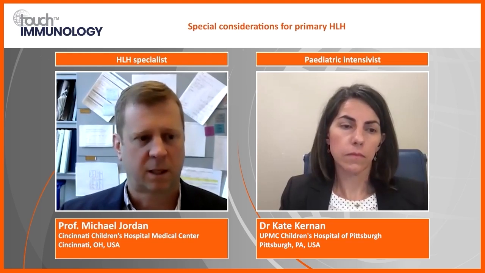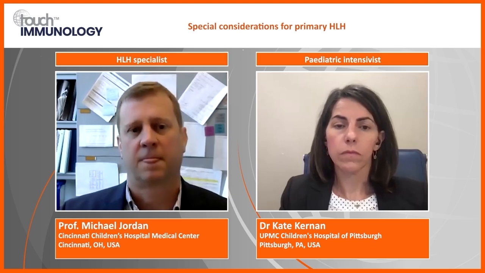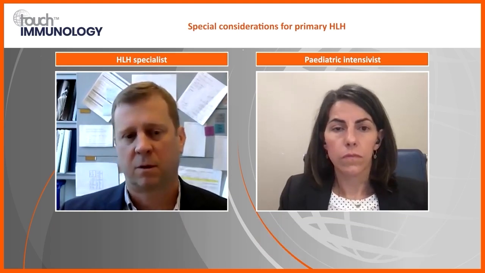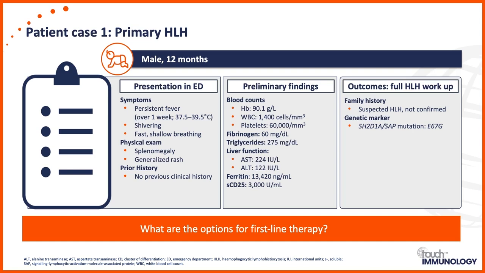So let's pick back up with our initial case, that of a 12-month-old male that presented with fever, rash, splenomegaly, was found to have pancytopenia, hypofibrinogenemia, elevated soluble CD25, elevated ferritin, and some mild hepatitis.